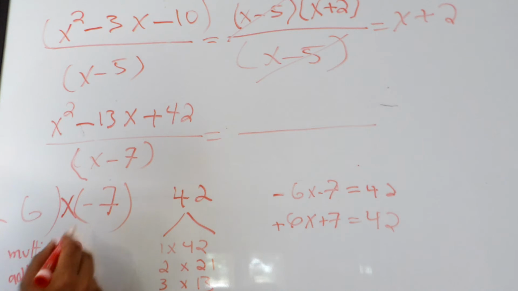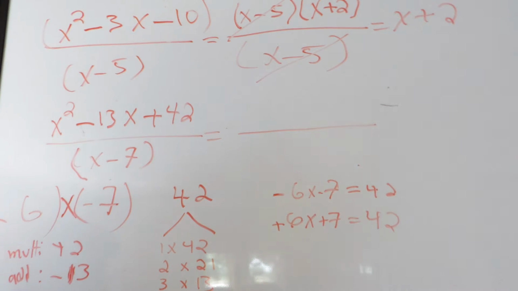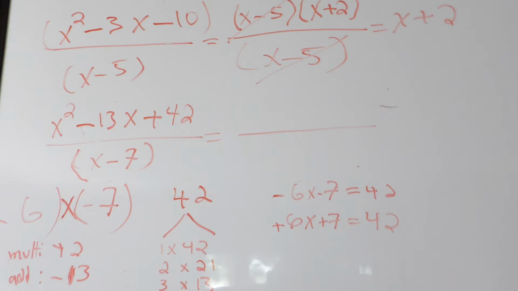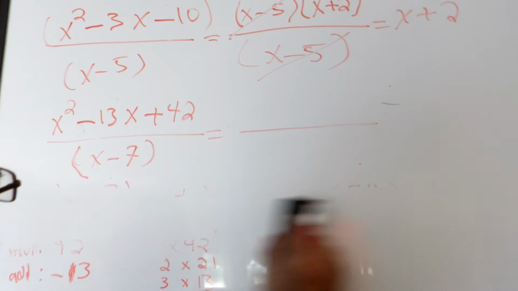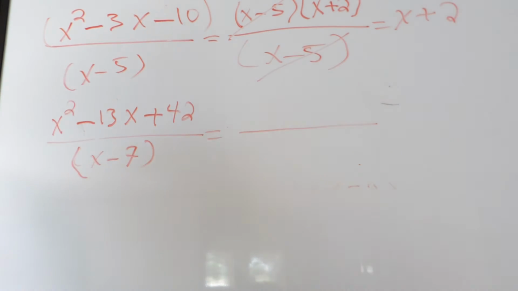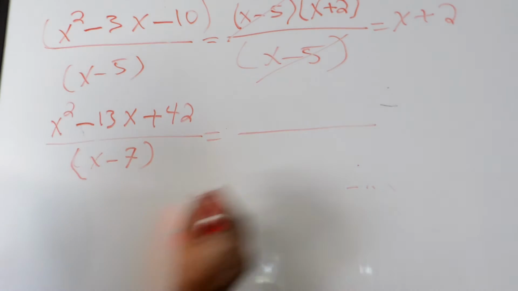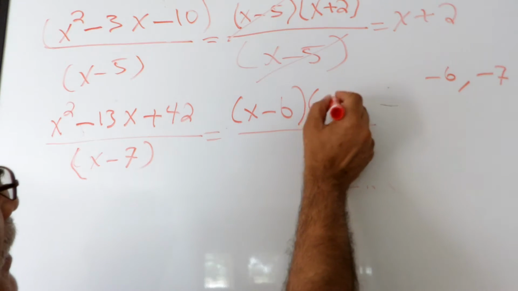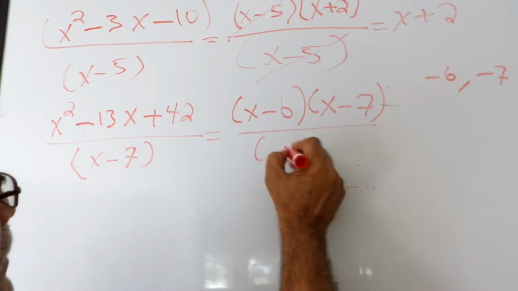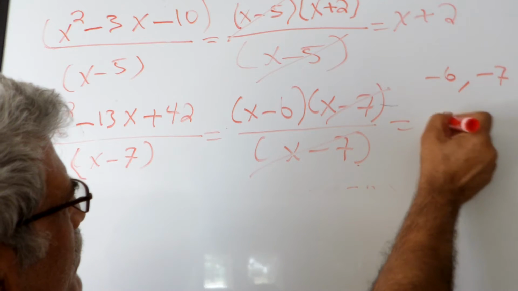So minus 6 minus 7 is minus 13. The multiplication of a negative number times a negative number is going to be a positive number. So what we find out is minus 6 and minus 7. So you say x minus 6 times x minus 7 over x minus 7. The x minus 7 cancels out, leaving x minus 6.